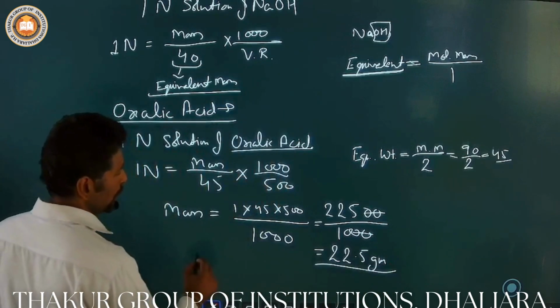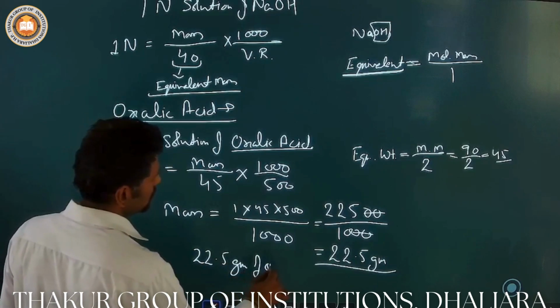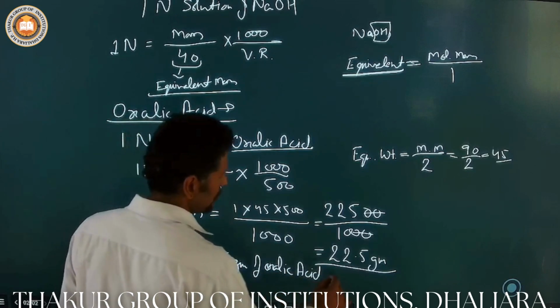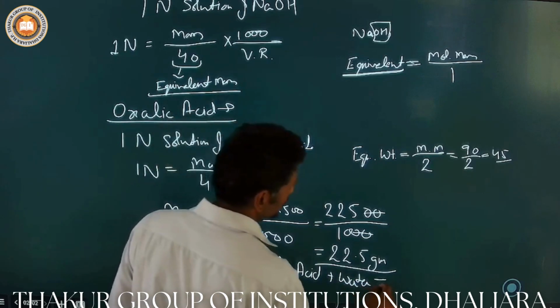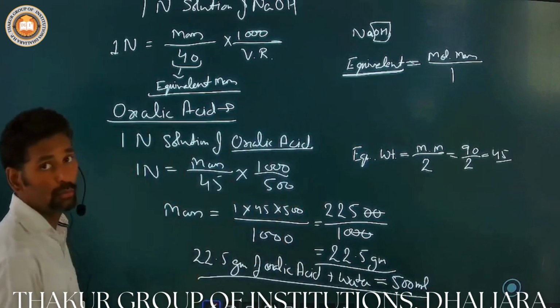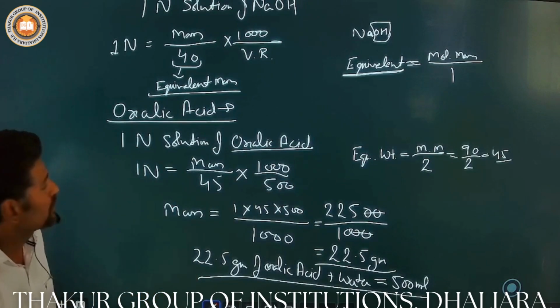Means you have to take 22.5 gram of oxalic acid, add water, and make the total volume equal to 500 ml. So by using this simple relation, you can prepare the normal solution of oxalic acid.